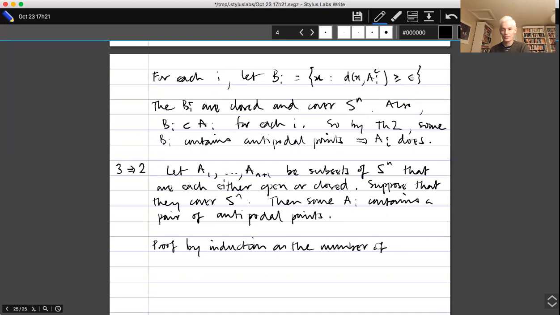Let's call it T. So if T equals 0, then we're done, because that's exactly theorem 3.